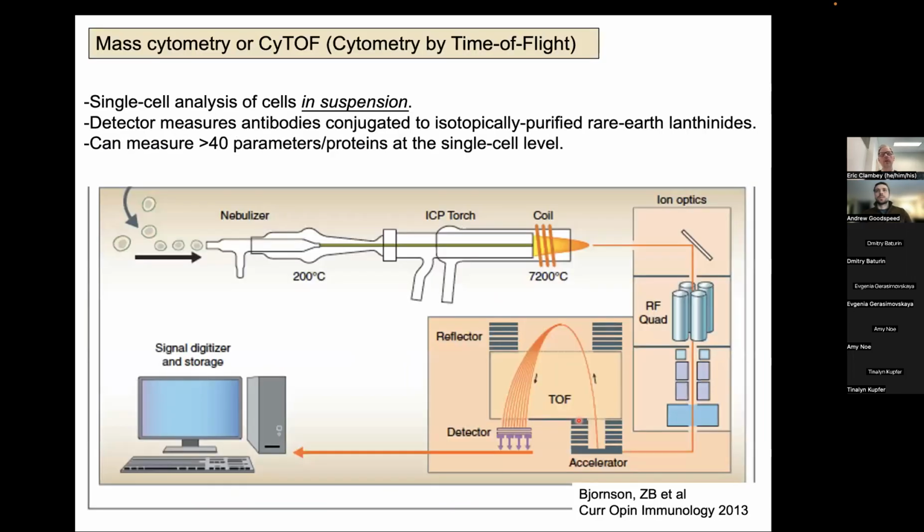Now, what about mass cytometry or CyTOF? Again, with this technology the cells are in suspension, but the difference here is that rather than measuring fluorescence, you are measuring antibodies conjugated to isotopically purified rare earth lanthanides. You can readily measure more than 35 to 40 parameters per cell.